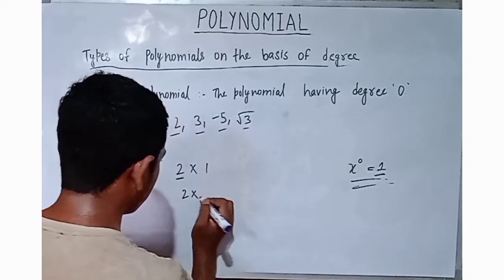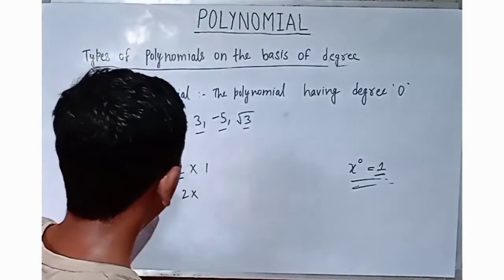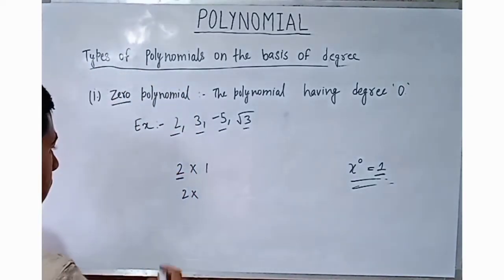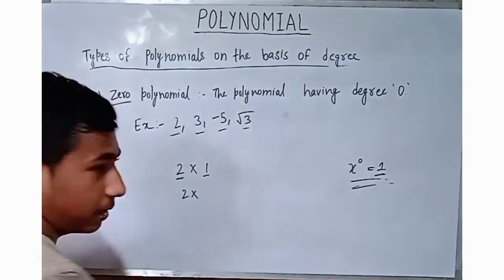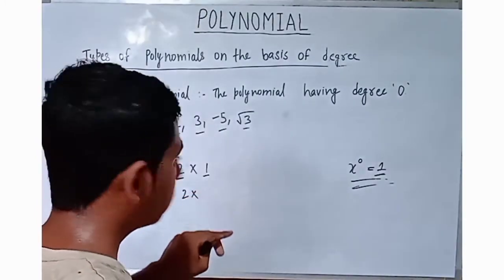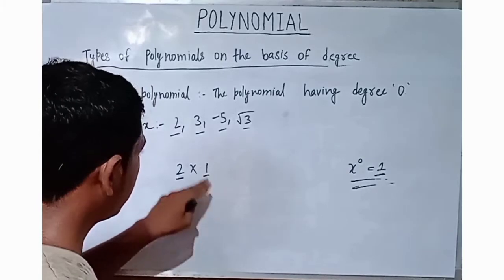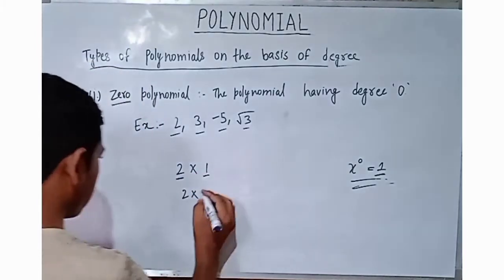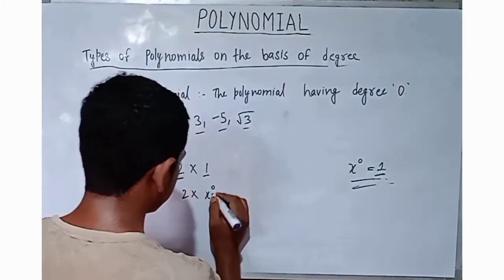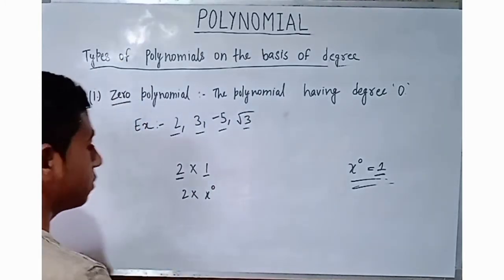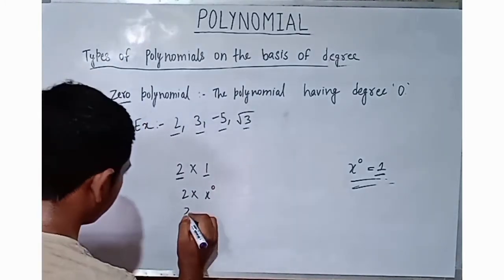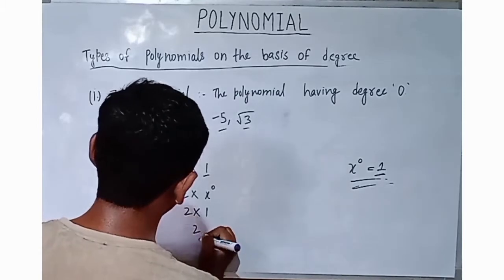Okay, so you know the degree is the power of the variable. Okay, so tell me a variable whose power will be 0 and equal to 1. So obviously it will be x to the power 0, or say y to the power 0, z to the power 0. Okay, so it will be again 2 into 1 equal to 2.